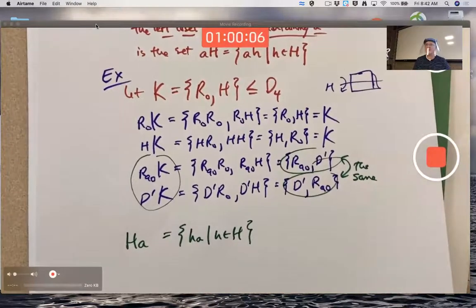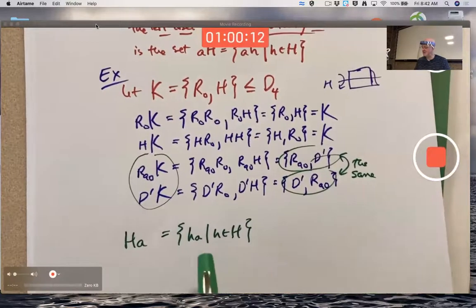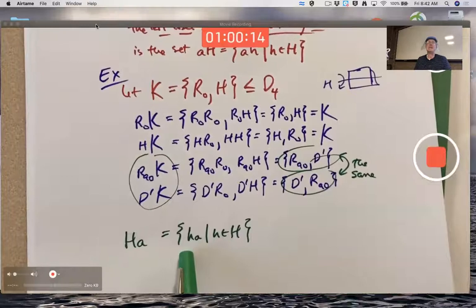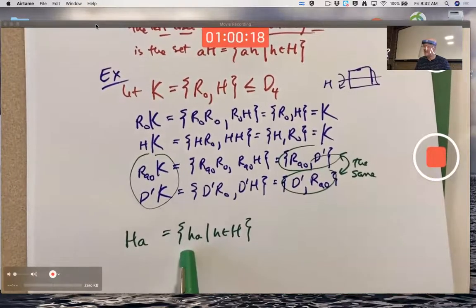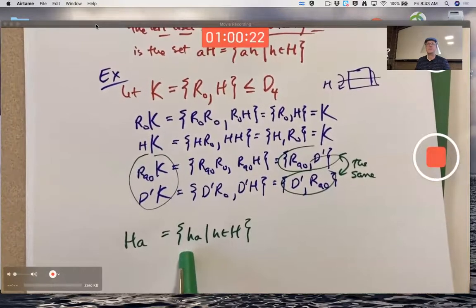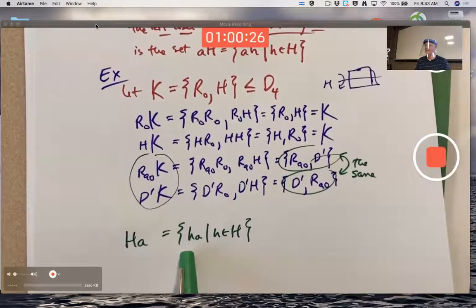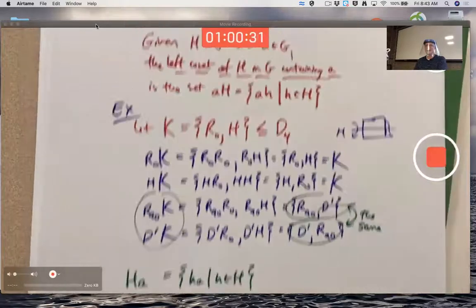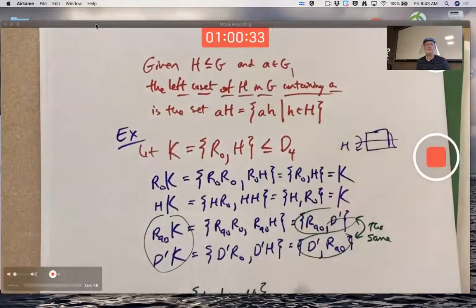It's a right coset of H in G containing A. And it does contain A because I can replace little h by E. A is E times A, and E is in H if H is a subgroup. So the terminology makes sense. It does contain A. That's a right coset where the A is on the right. This is a left coset where the A is on the left.